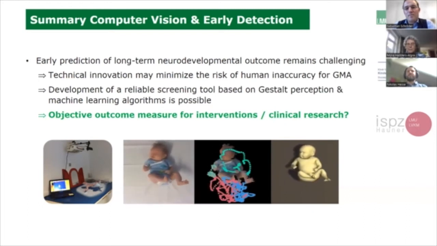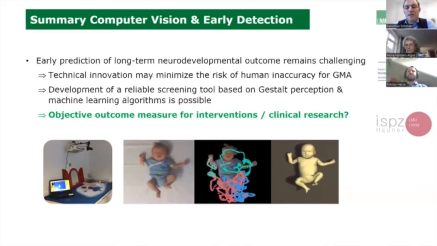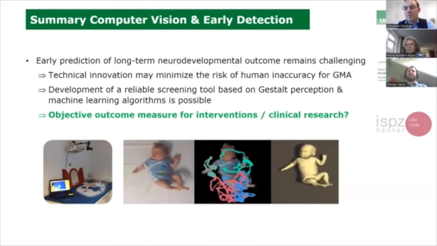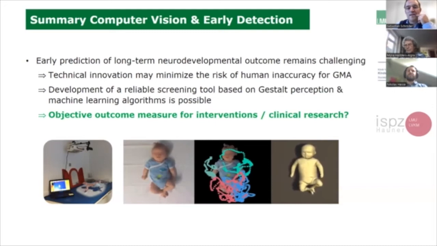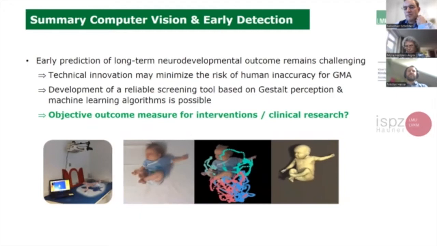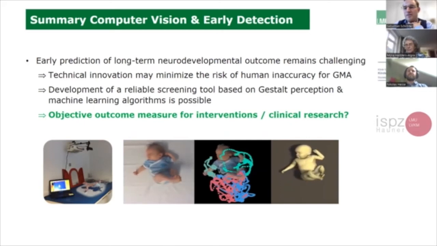And we can maybe use this approach to develop reliable screening tools that can be applied in the broad screening of the normal population. But we can also use the data to look for any other objective outcome measure regarding motion when we want to, for example, assess interventions in early infancy or just track development across time.